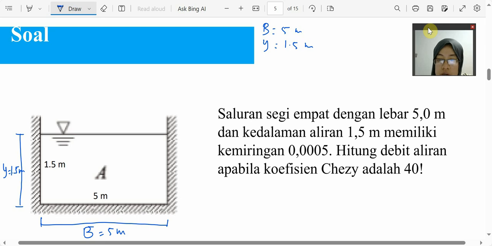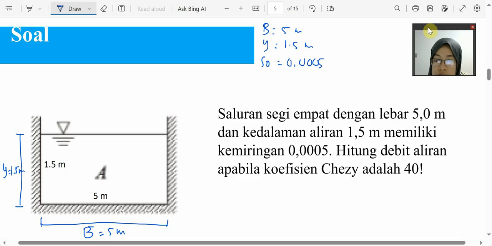From this task, there is also other information, which is the slope of the channel, So is 0.0005.